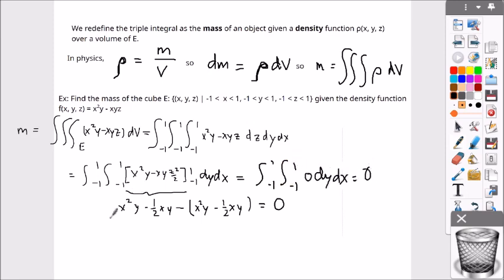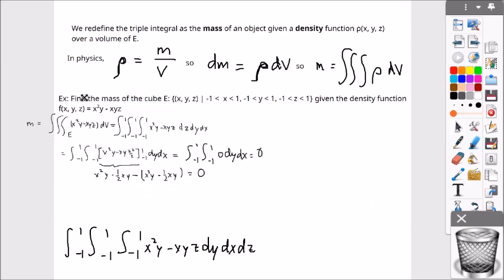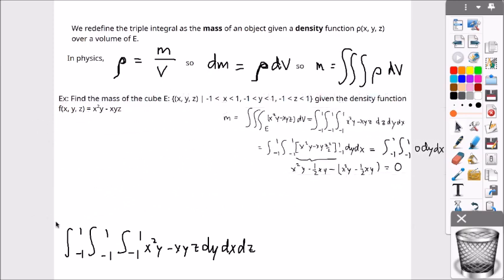Now if we change the bounds to integral -1 to 1, integral -1 to 1, we'll do dy first this time, then dx, then dz. So x squared y minus xy, and another integral -1 to 1 of z. So we're going to evaluate this another way now, because this is a little bit strange.